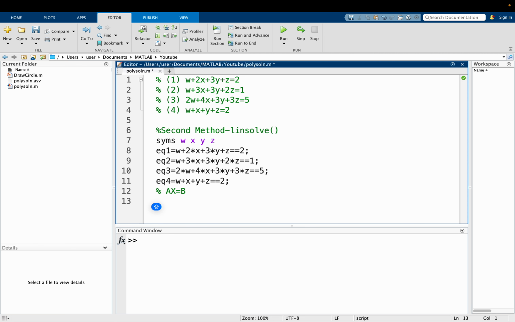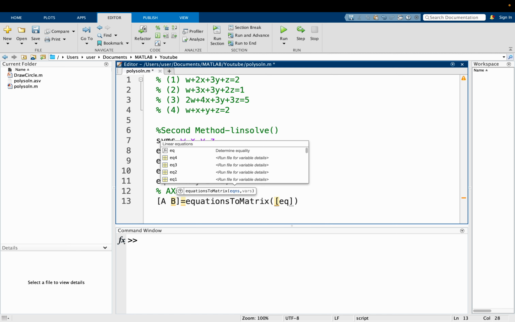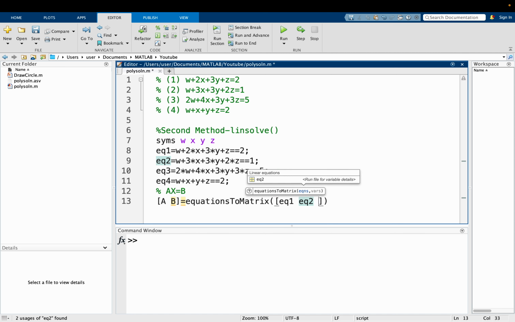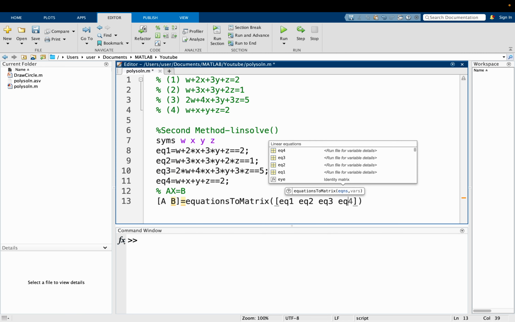So I have my equations. How can I obtain my A and B matrix? I can easily do that by using the equationsToMatrix function. So I will just have my A matrix and B matrix. I will put my equations: equation 1, equation 2, equation 3, and also equation 4.